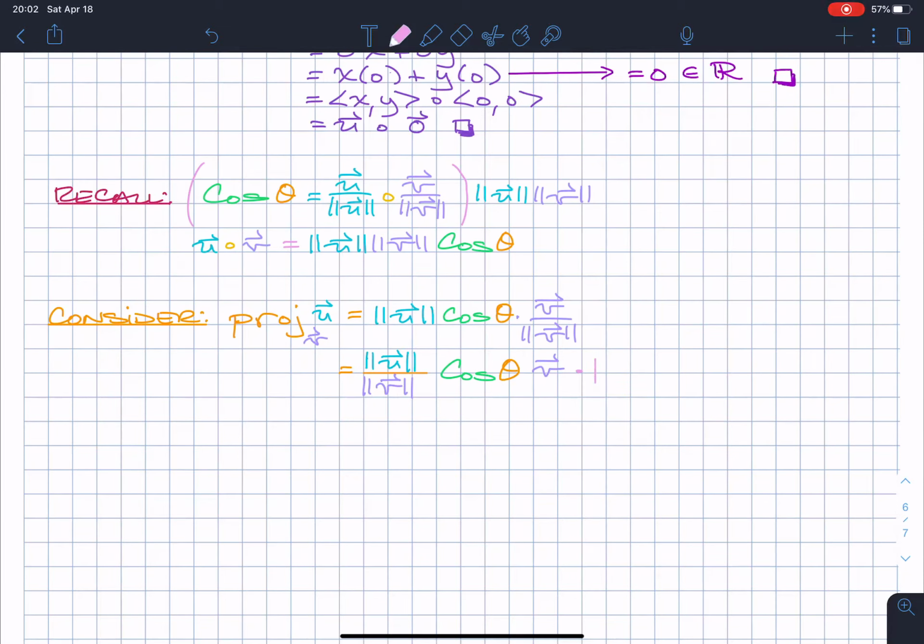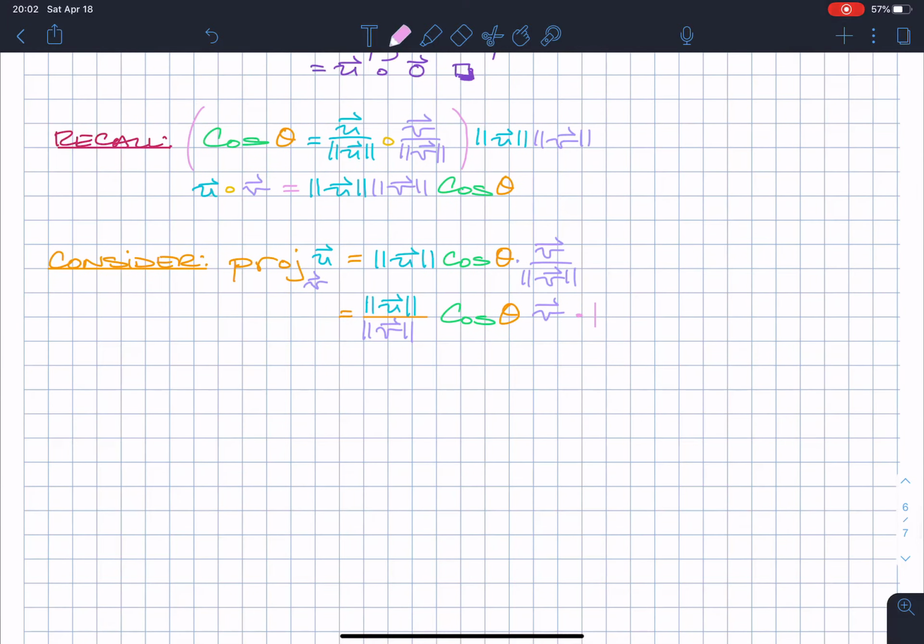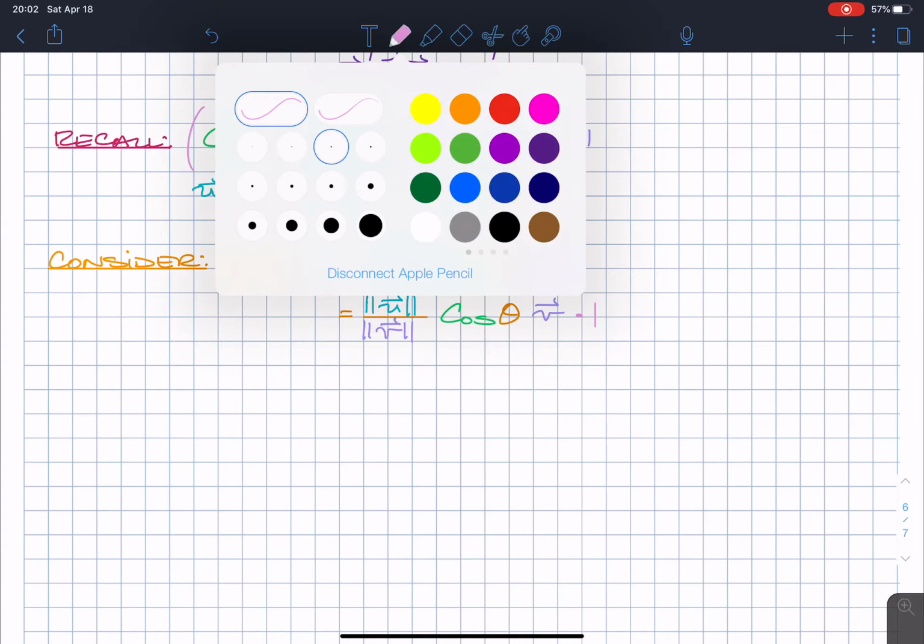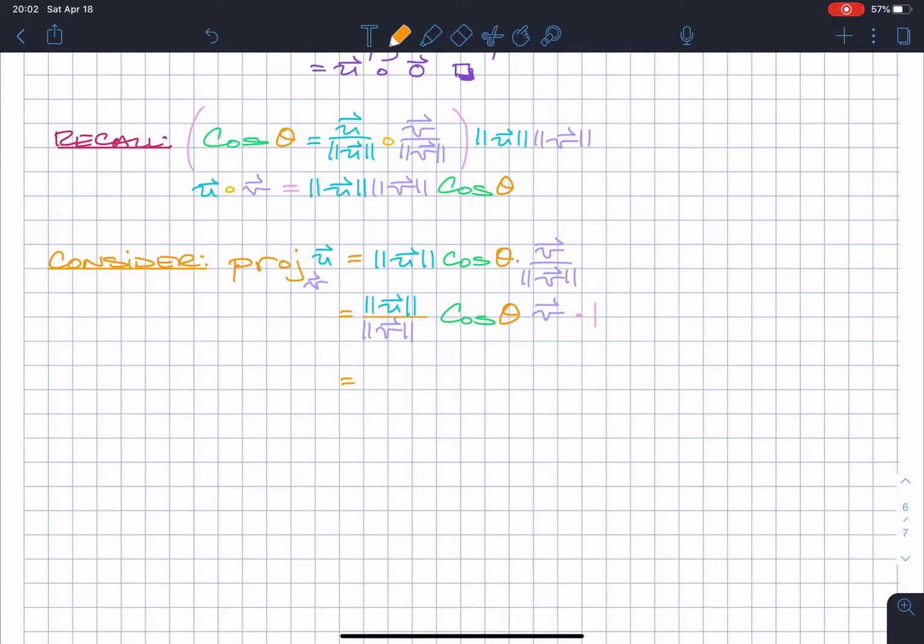A 1 that gets me to the magnitude of u times the magnitude of v times cosine of theta in the numerator. So what I'm missing in the numerator here is the magnitude of v. So my very specific 1.